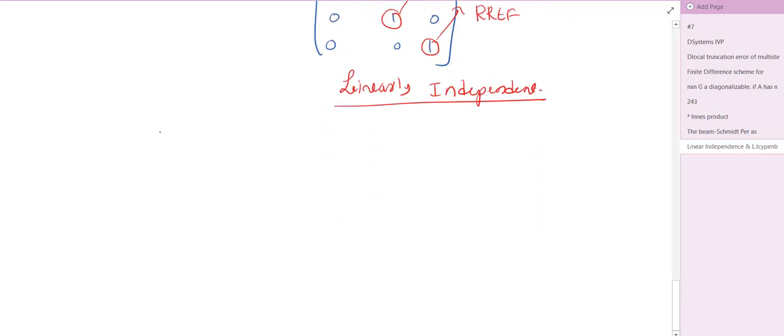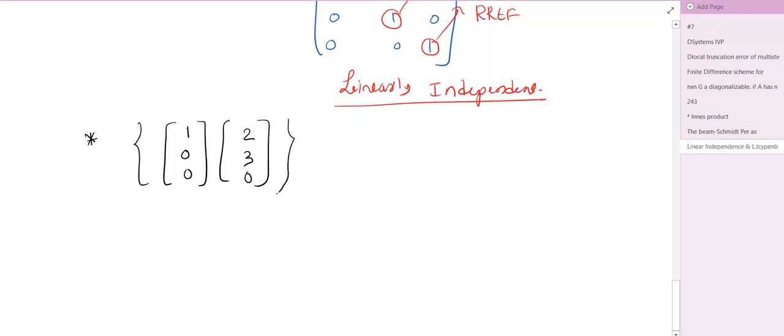So let me write here. Say for example, you are considering 1 0 0 and you have 2 3 0. Here if you see carefully, here is a pivot position, here is a pivot position. So there are 2 columns which both have pivot positions. Hence we can say that they are linearly independent.